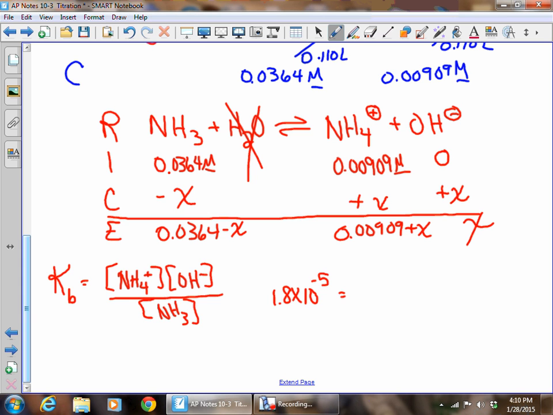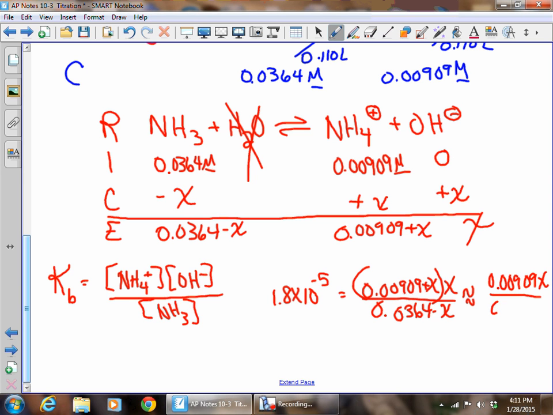And that's going to be equal to 0.00909 plus X times X over 0.0364 minus X. And remember, we can neglect X, so that's going to be approximately equal to 0.00909X over 0.0364.